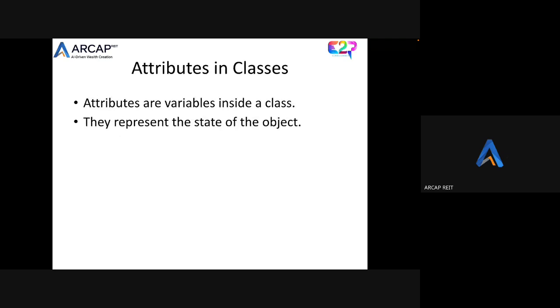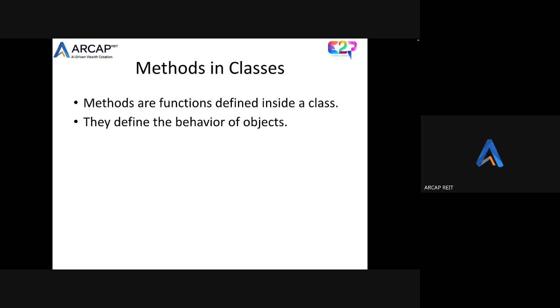Attributes or variables inside a class represent the state of the object. Whenever an object is created, to represent the state we can use attributes like employee salary, employee ID or trainee ID, training period, what level he crossed, all those things can be represented with attributes.